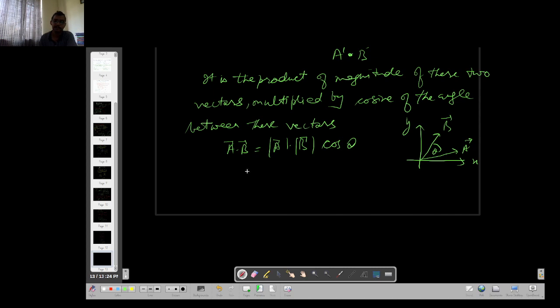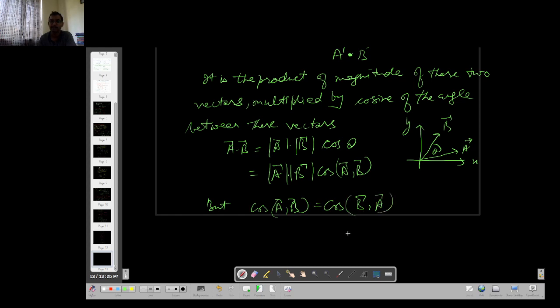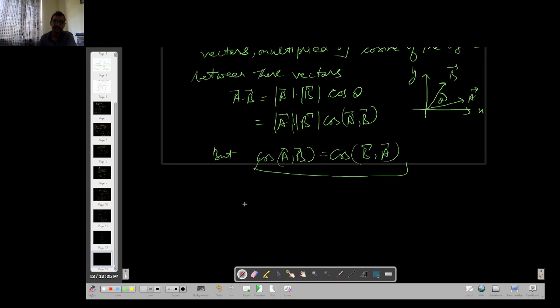Now it is the cosine of angle between vector A and B, but as we know the angle remains the same, so cosine of angle between A and B is equal to cosine of angle between B and A. So keeping this in mind, I can write down that A dot B is equal to B dot A. That means it is commutative.